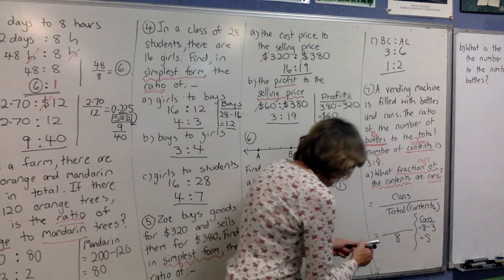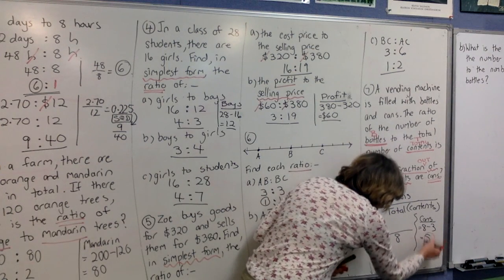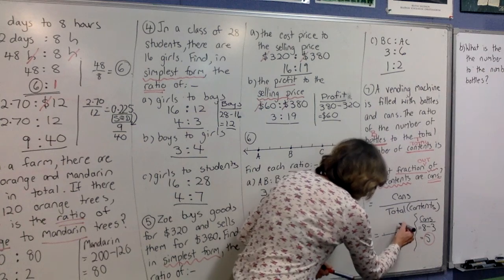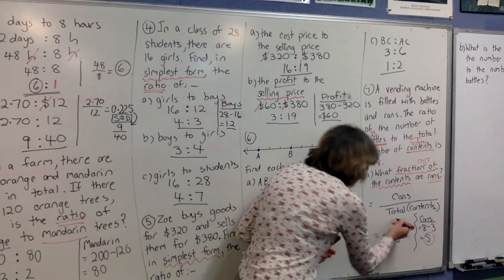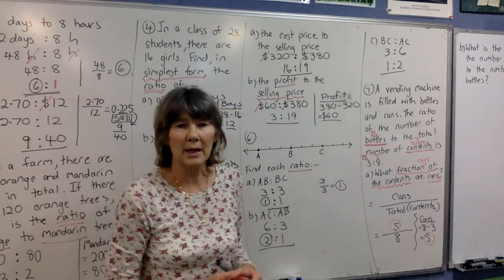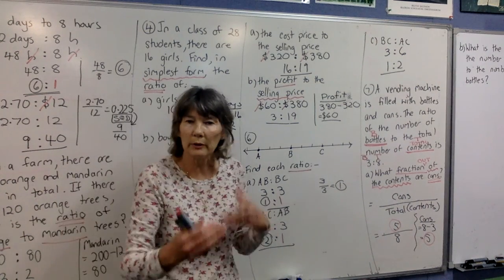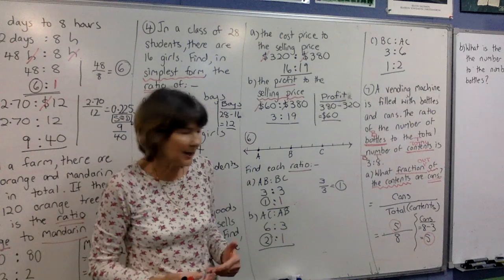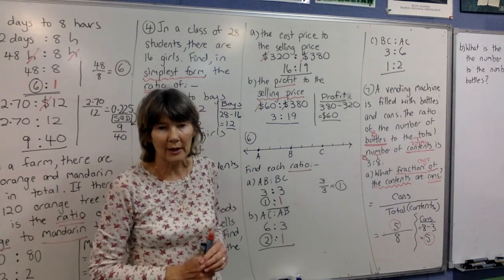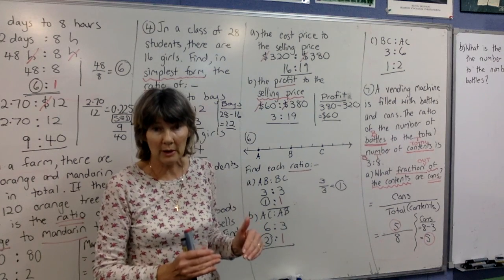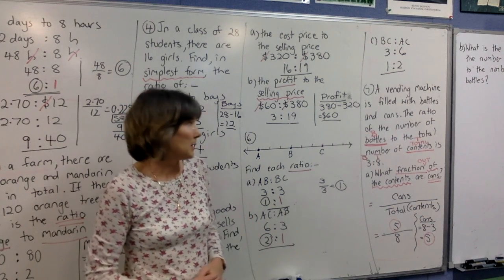All right, so we're going to put that number now in here. And that's our answer, 5 over 8. So that would be badly done in a test, that question, because people are still stuck on the ratios and they'd write ratios down. If they want a fraction, first thing is draw a fraction bar and start filling in with words what they're asking for, and then put your numbers in.